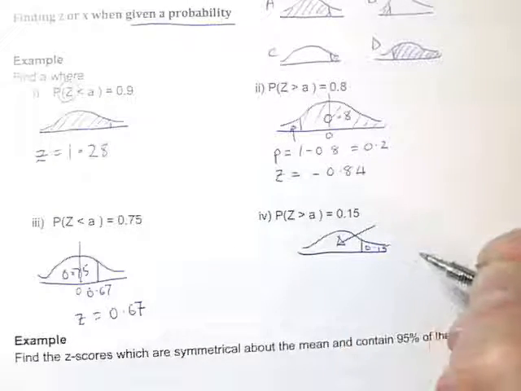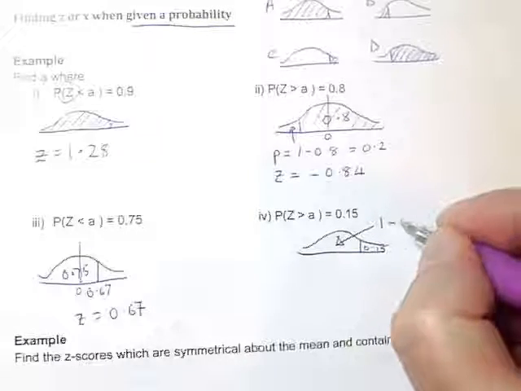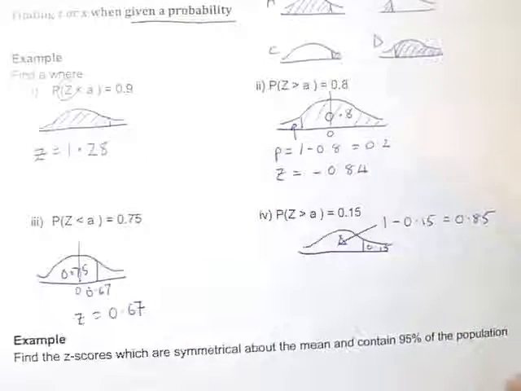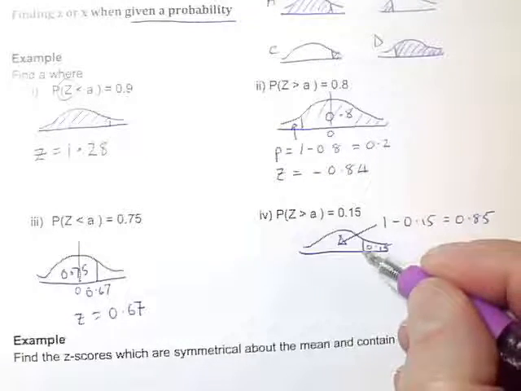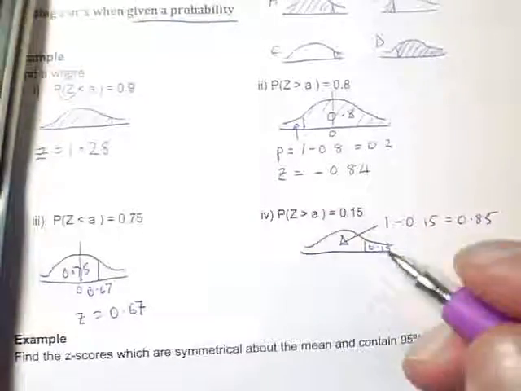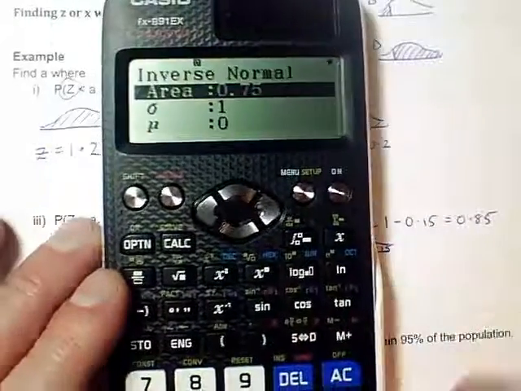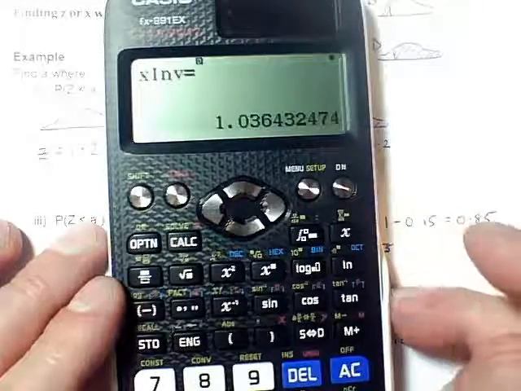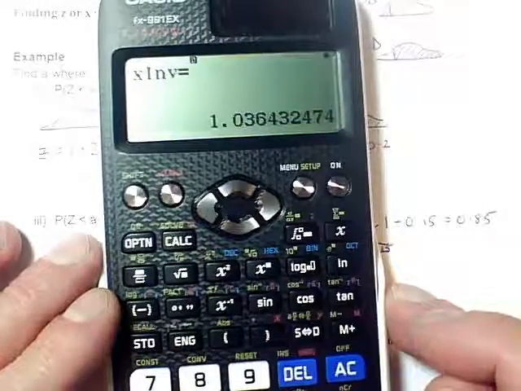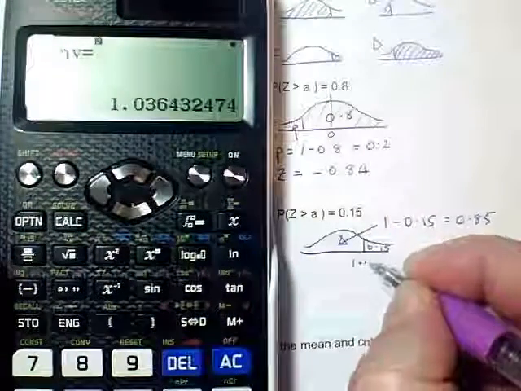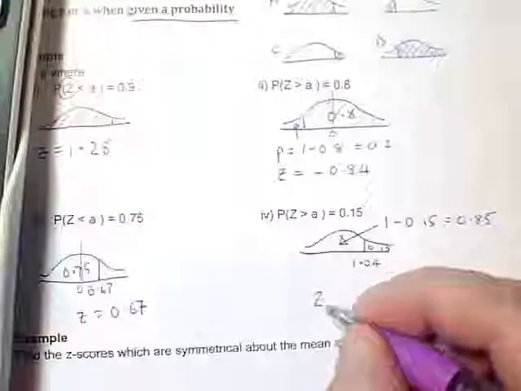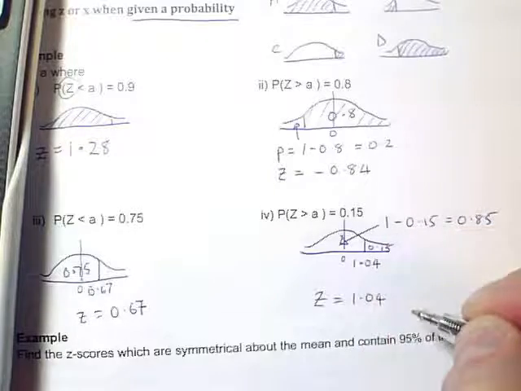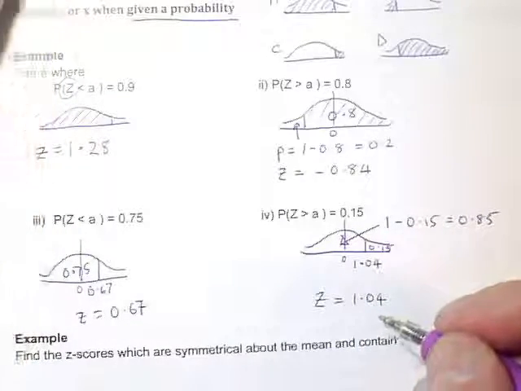It wants to work with the big probability to the left. That's 1 minus 0.15 equals 0.85. So on my calculator, what kind of z am I expecting? I'm expecting a positive z, so that's the check when we get there. So enter my value. This time it's 0.85, equals, and I get a value of 1.036, so that's 1.04. Okay, so is z equals 1.04 sensible? Yes, because z is 0 in the middle. This is clearly a positive one, so I'm pretty confident I've got that right.